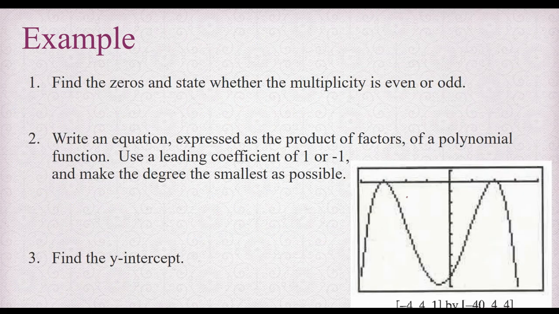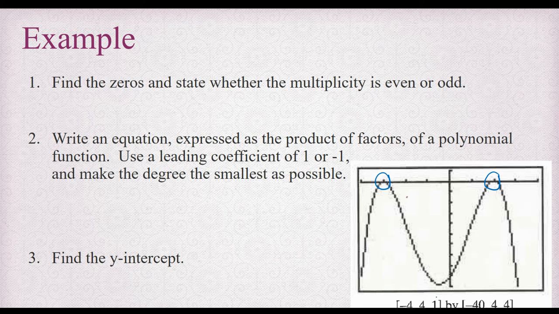All right, so remember when I give you a picture and I'm asking you to find the zeros, we're looking for the x-intercepts. After I find those x-intercepts, I'm going to state whether the multiplicity is even or odd. In this picture, it looks like there are 2 spots that touch the x-axis, so those are going to be my zeros.